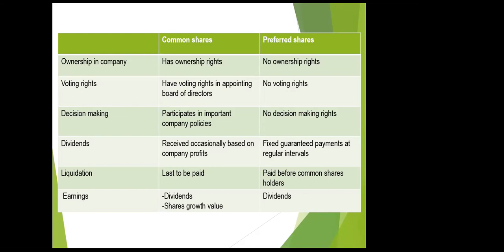For common shares, it's not a given that you always get dividends. This depends on how profitable the company has performed. I'll give you an example. During the COVID pandemic, most companies were having challenges making profits. Most were just barely surviving, and many closed down.